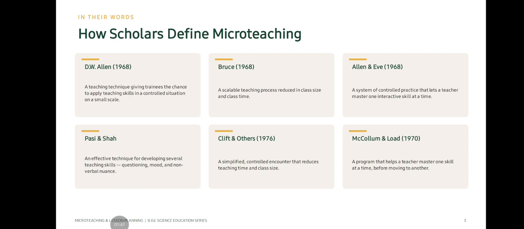An active technique for developing several teaching skills, questioning mode, and non-verbal cues. A simplified, controlled encounter that reduces teaching time and class size. A program that helps a teacher master one skill at a time before moving to another.